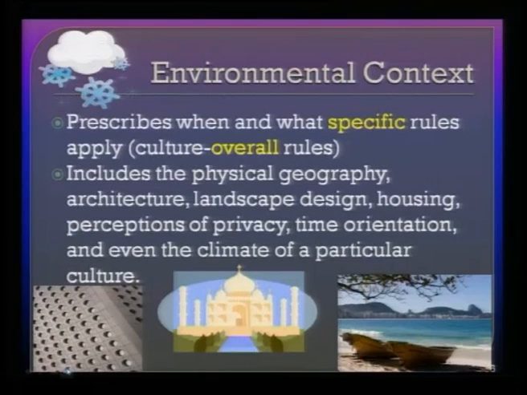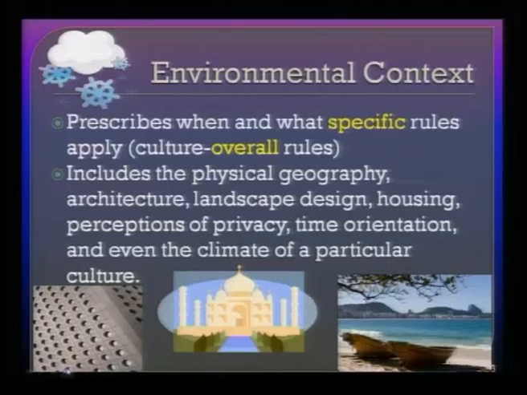Now, what does it include? It includes the physical geography. That means the entire nation itself can say something. When you go to the United States, Disneyland itself is prescribing a kind of physical geography, and when you are inside it, when you are outside it, how you behave, how you communicate.